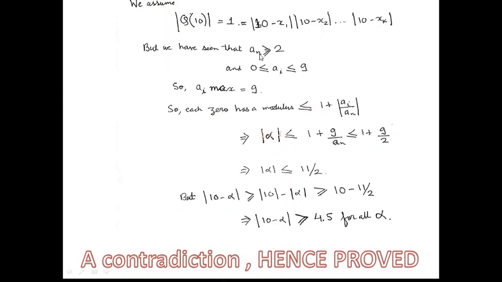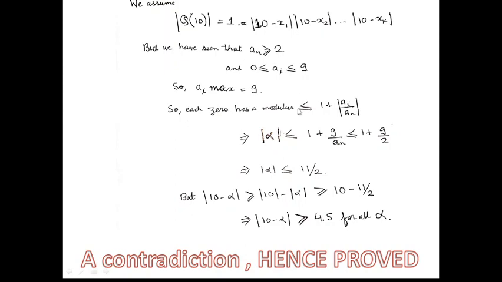But we have seen that a_n is greater than or equal to 2 and 0 is less than or equal to a_i less than or equal to 9, so a_i max is 9 where i varies from 0 to n minus 1, and a_n is greater than or equal to 2.